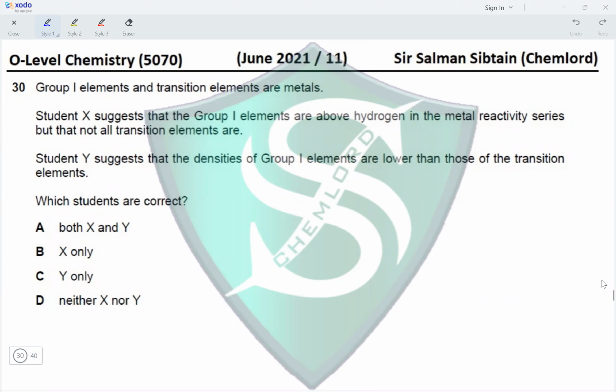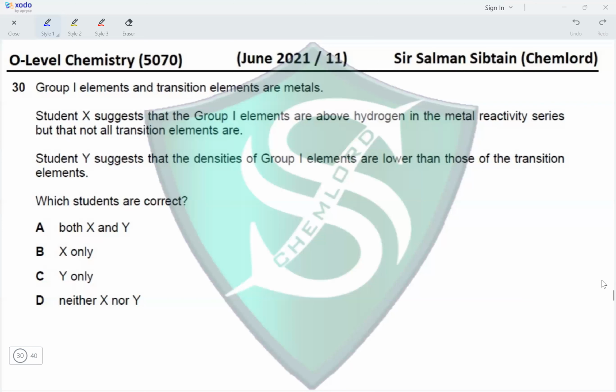Now, group 1 metals are lithium, sodium, potassium, rubidium, cesium. All of these are more reactive than hydrogen. So they are above hydrogen in the reactivity series. Whereas among transition elements, titanium and vanadium are above hydrogen, whereas copper, silver, and gold are below hydrogen.